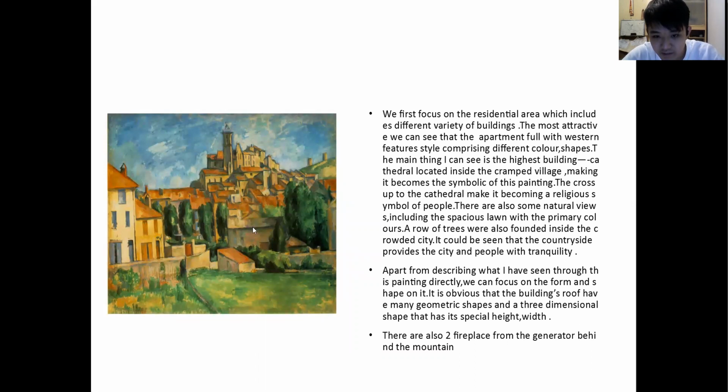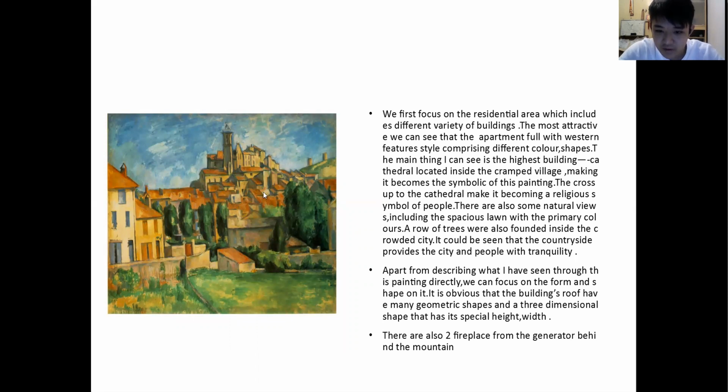We can focus on the residential buildings, which include a variety of buildings. The most attractive buildings are the cathedrals in the town. It is located inside the crammed village, making it the symbol of this painting.